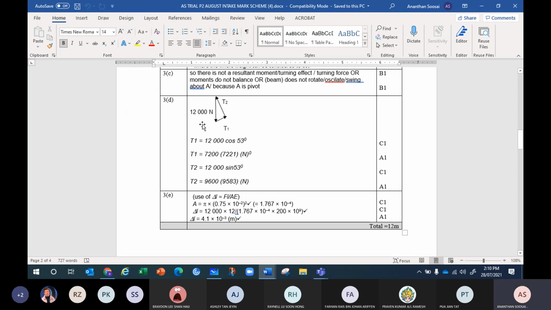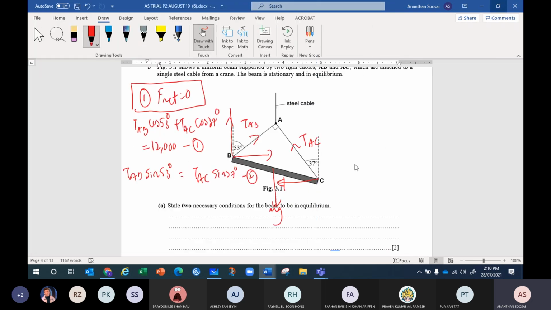This method is explaining in terms of the three forces acting. Because it's in equilibrium, mg acts down, TAB makes an angle of 53 inside.